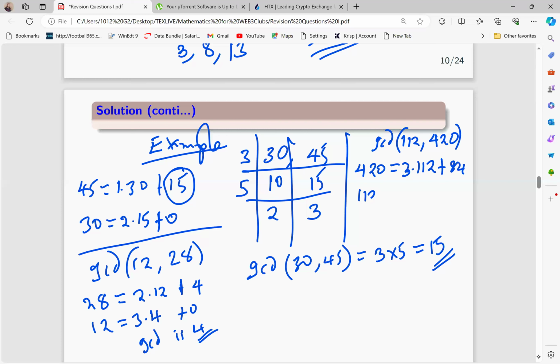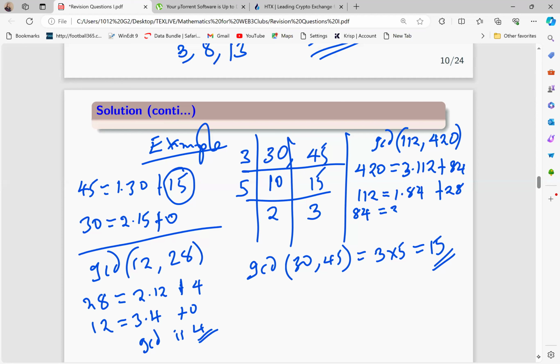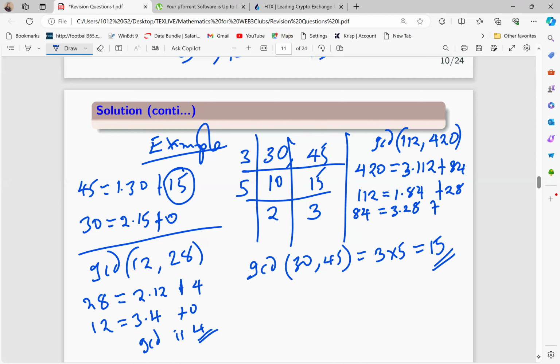28. Then 28 into 84, 3 times. And the remainder? 0. So if 0 is the remainder, then it means the GCD is the previous remainder, which is what? 28.